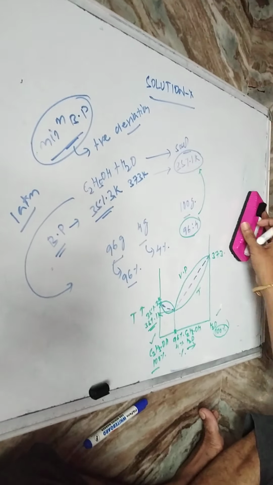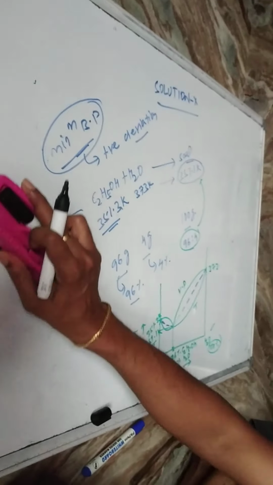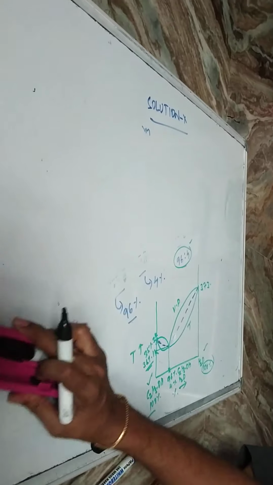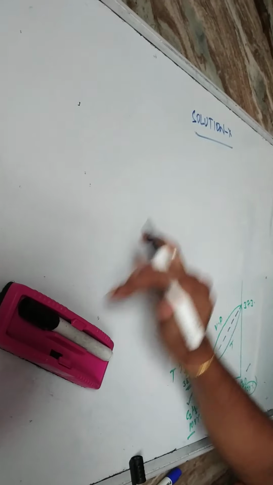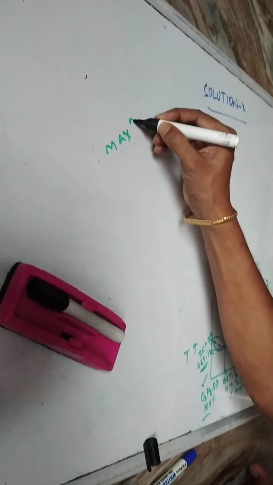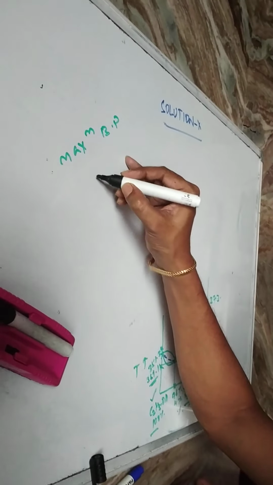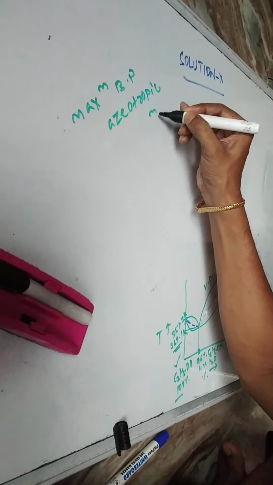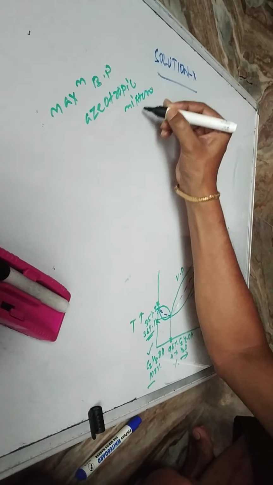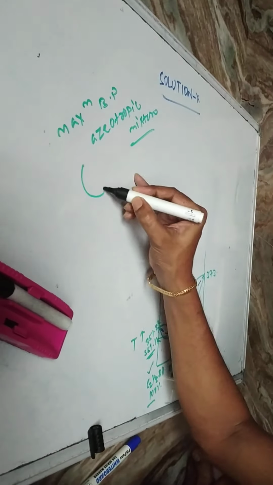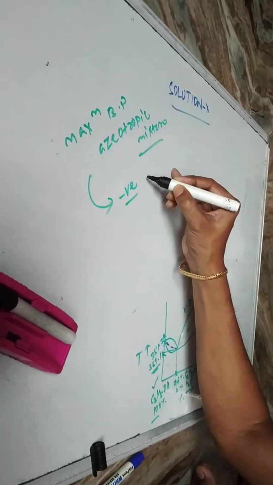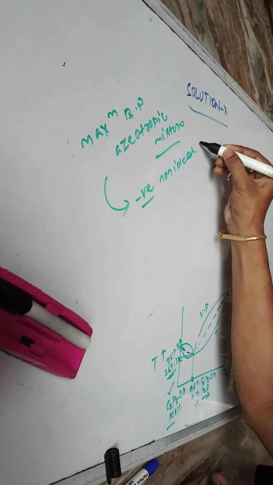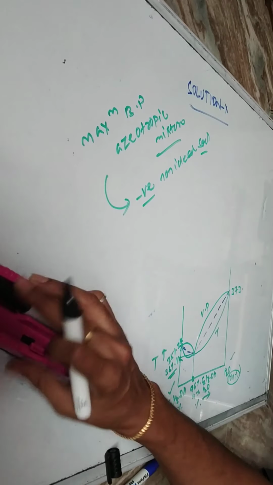Now we'll go for the maximum boiling point azeotropic mixture. This mixture is possible with a negative deviation non-ideal solution.